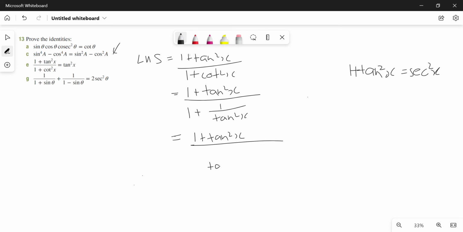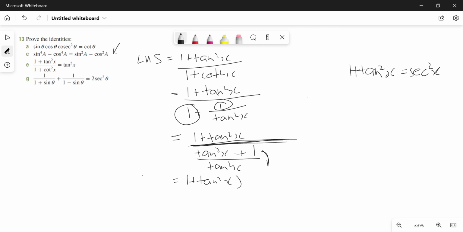So if I make a common denominator of tan squared x, what do I have here? I have a tan squared on a tan squared. So that gives me the 1 plus I have the 1 here. Okay, so I actually have 1 plus tan squared x, and then this is divided by this fraction.